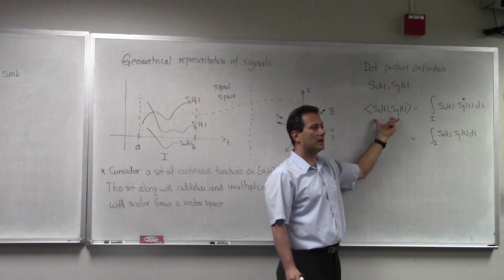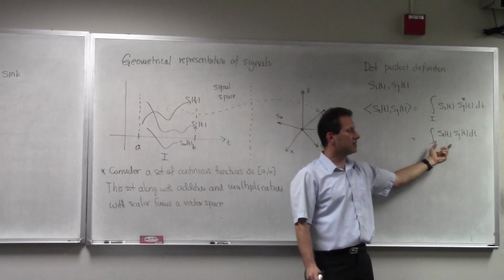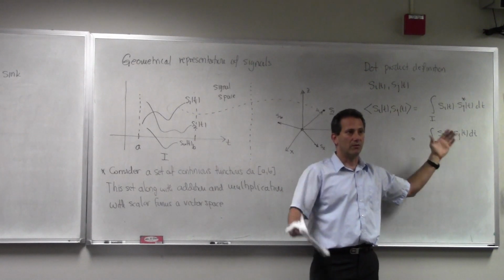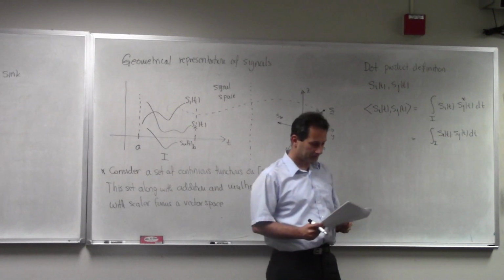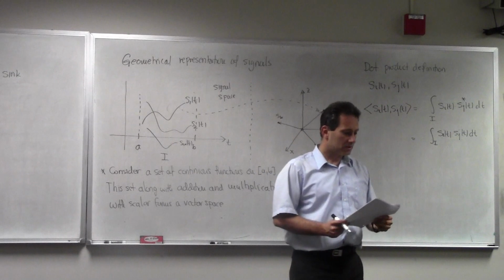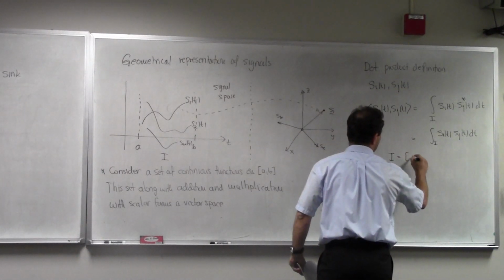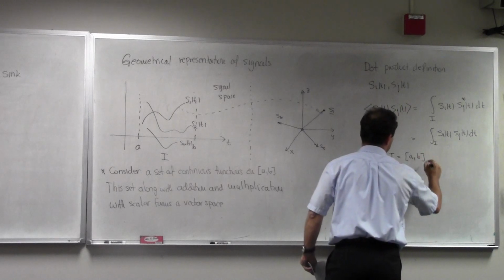It maps a pair of vectors into a number, which is the area under the curve of this integral within an interval I. This I is the interval from A to B.